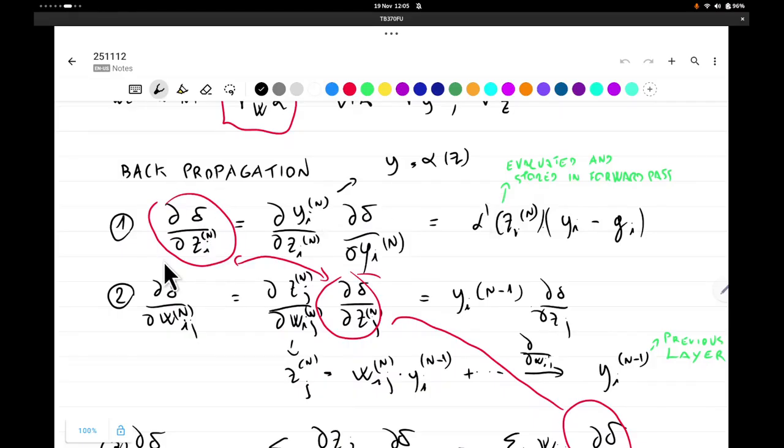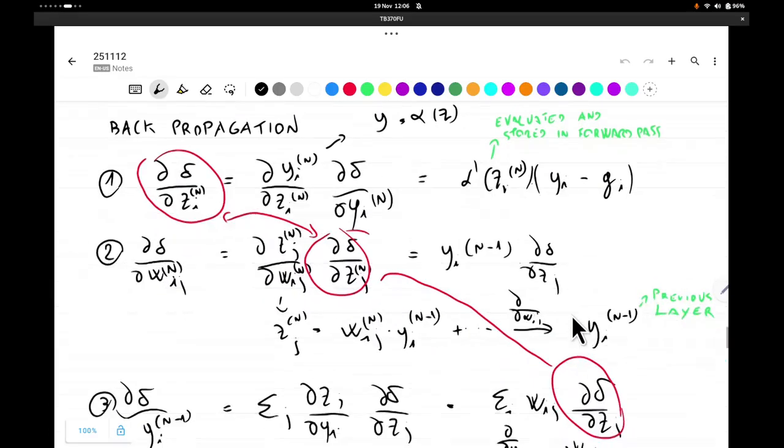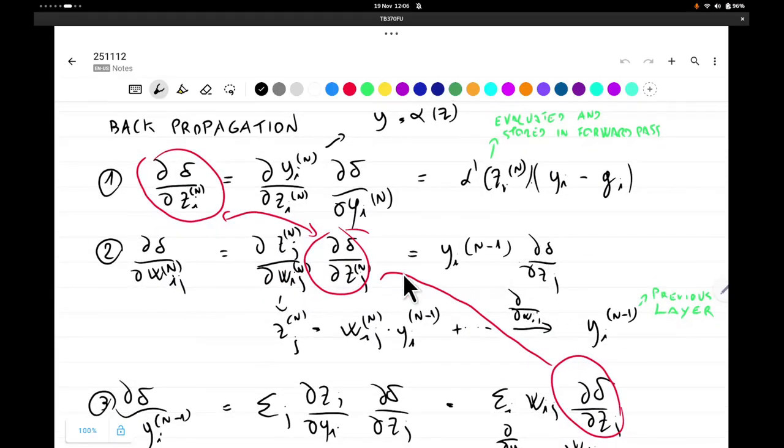And then we have this derivative with respect to the z's, and we calculate the derivative with respect to the weights by, again, inserting the derivative with respect to the z's. One has to be careful with the indexes here to keep consistent, but it's just usual linear algebra.